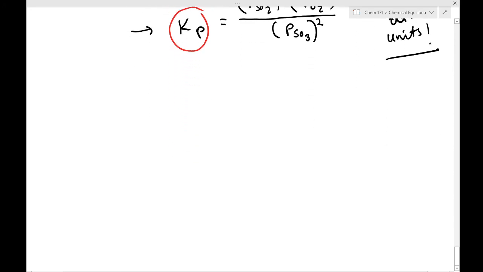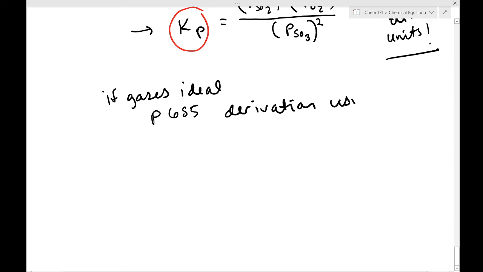Now, if the gases are ideal in our chemical reaction that's happening in the gaseous phase, on page 685 there is a derivation using the ideal gas law, which relates the concentration of A to the number of A divided by the volume.